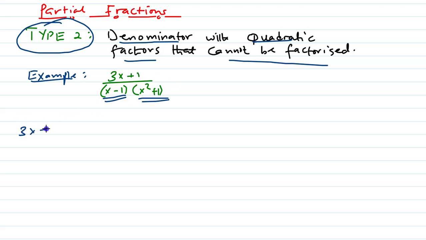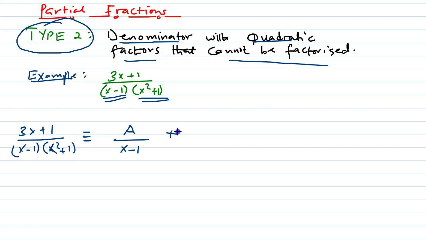So I have 3x plus 1 divided by x minus 1 times x squared plus 1. Just like we've done before, since this is a linear factor, I'll write that as A divided by x minus 1 plus, now what am I going to write for this? If I were to expand the denominator, I would have a polynomial with degree 3.